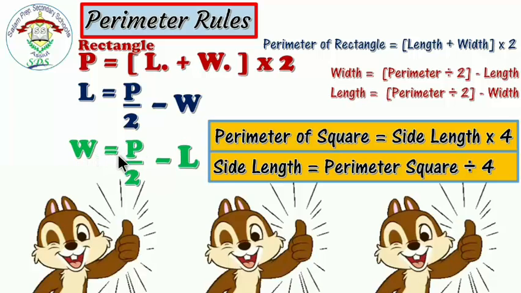Width equals perimeter divided by 2 minus length. Perimeter of square equals side length times 4. Side length equals perimeter of square divided by 4.